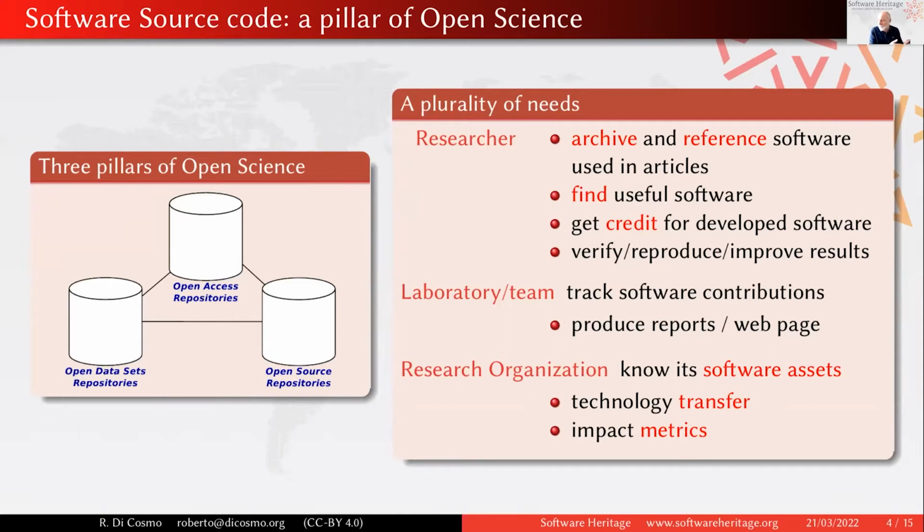I mean, one can be technology transfer, the other can be just to measure the impact that your research organization is having on society in a way or the other. For this, you need to track the software contribution across all the institutions.